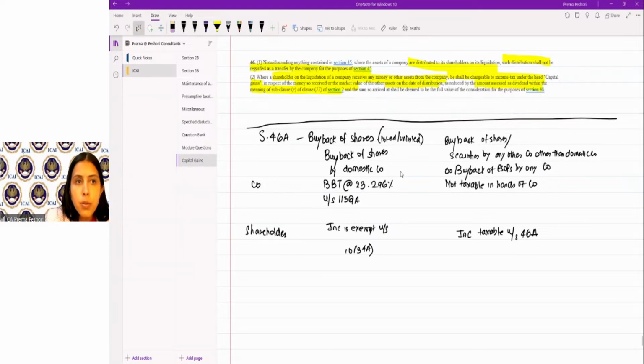The computation here will be the consideration received minus the cost of acquisition. Are we clear? So that is your 46A. Okay. That is your 46A. Any doubt till now?